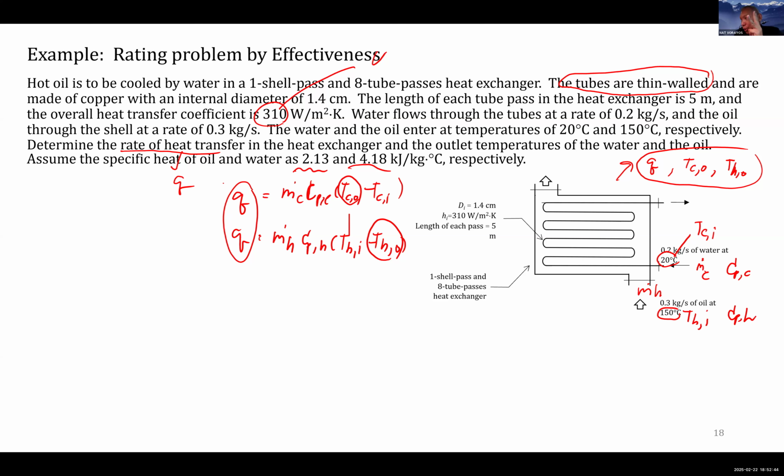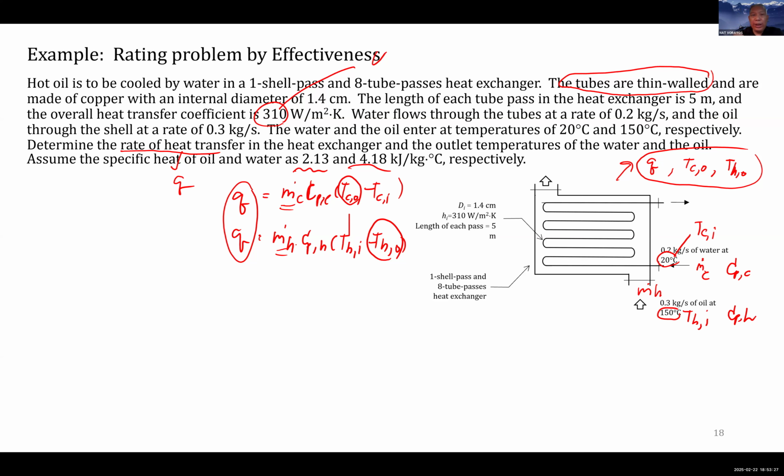And in the previous problem, to make the situation more relaxed for you, they gave you the m dot C, and there they gave you the m dot H. Knowing one m dot, and knowing one inlet and the exit of that fluid, allowed you to find Q. Here, in spite of the fact that m dot C and m dot H are given, TCO and THO are not given to you. You cannot find Q.